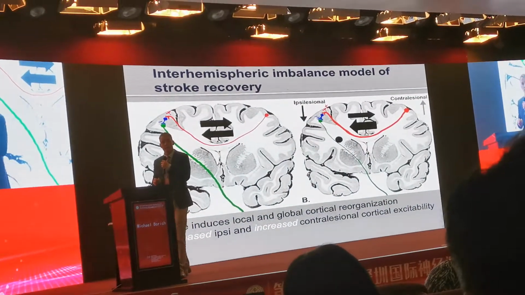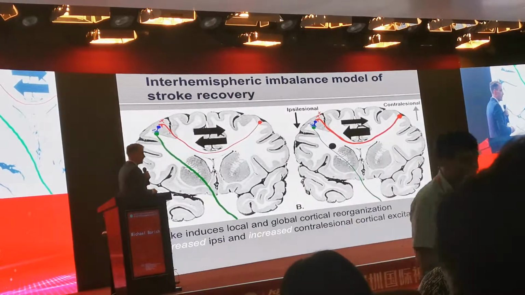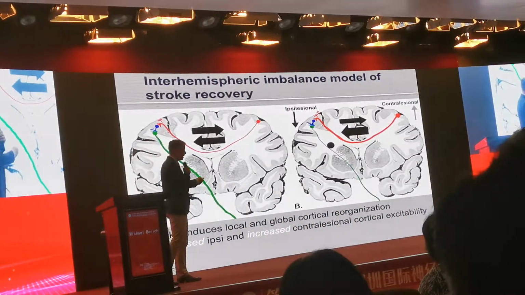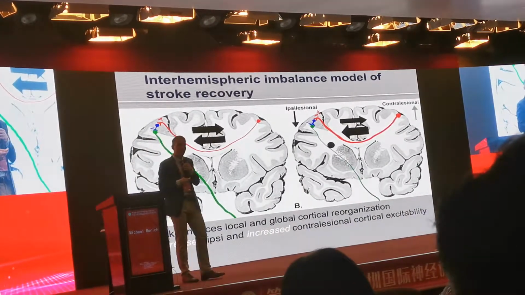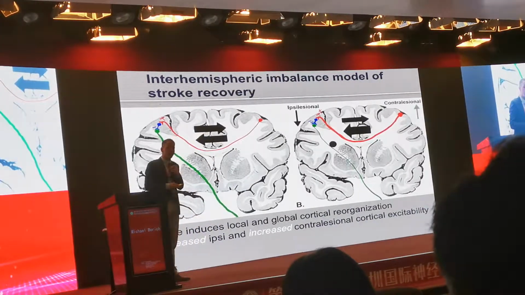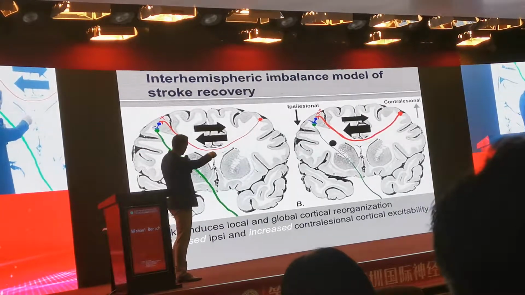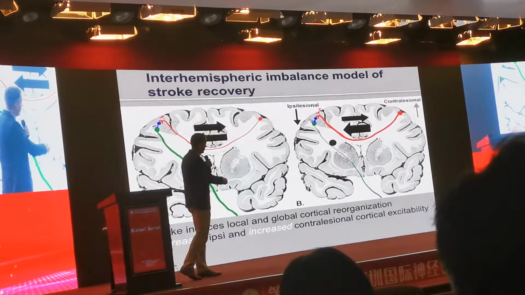Why do we try to upregulate the stroke-affected hemisphere and downregulate the non-stroke affected hemisphere? We think it's because there's a change in the relative balance of activity between the hemispheres. You have a downregulation of activity in the stroke-affected hemisphere, denoted by the arrows here on the right, compared to the healthy condition.